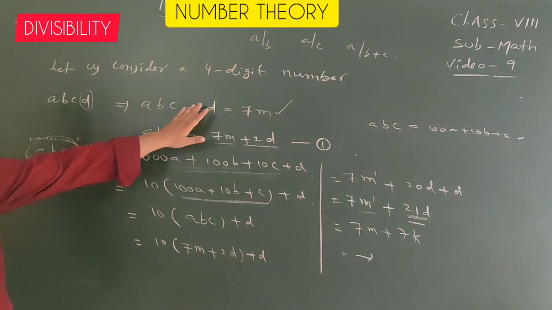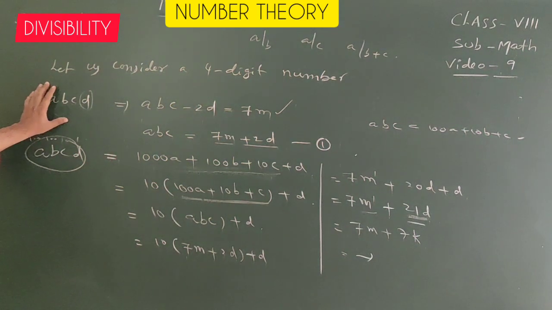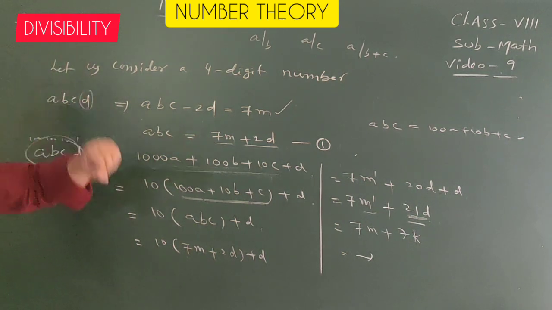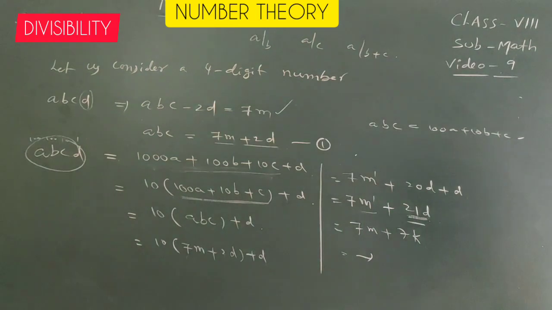So ABC minus 2D is a multiple of 7, and ABCD is also a multiple of 7. In this way, we can prove this condition. That's why I explained with an example first; with a direct proof you would not get anything.